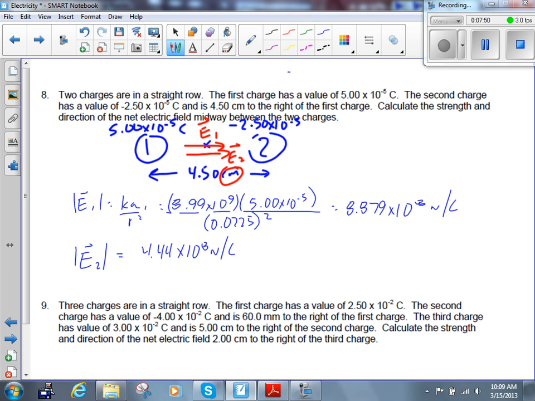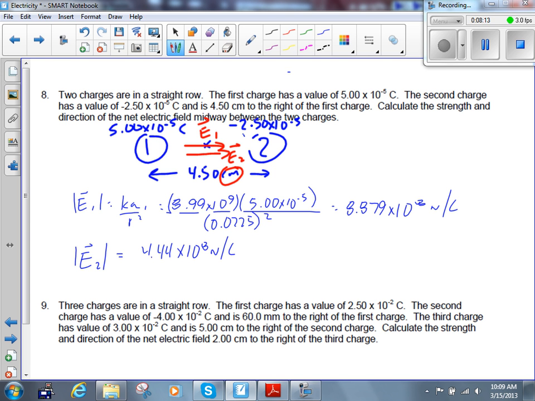Are there any things that we have to worry about being negative? They're both positive here, right? Because why are they both positive? They're both to the right. Do you see what would happen here if I had included this negative 2.5 in my second equation? I would have gotten a negative value for E2. What would be the temptation there?